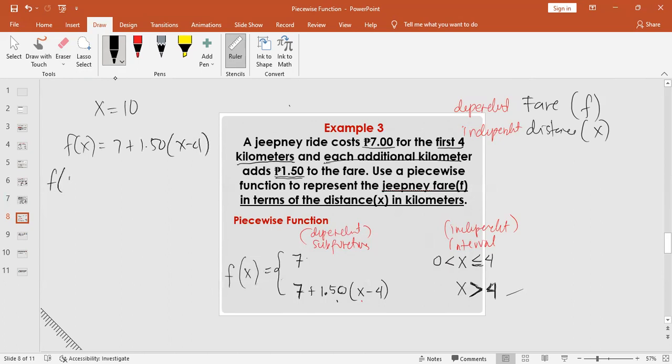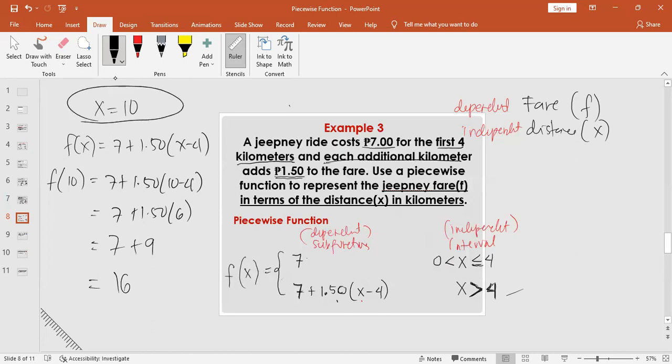So, replace x by 10. 10 minus 4, 7 plus 1.50. 10 minus 4 is 6. Multiply 6 by 1.50. It's 9. 9 plus 7 is 16 pesos. So, pag malayo-layo na, gaya ng 10 kilometers, 16 pesos na yung ibabayad nyo.